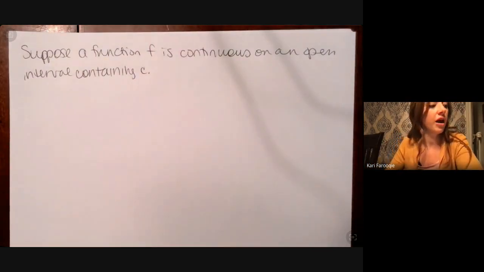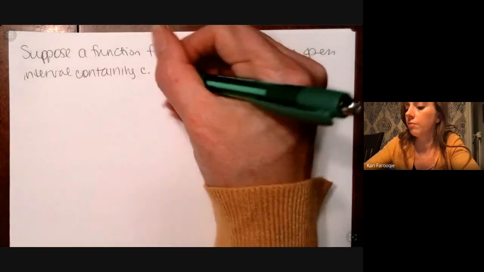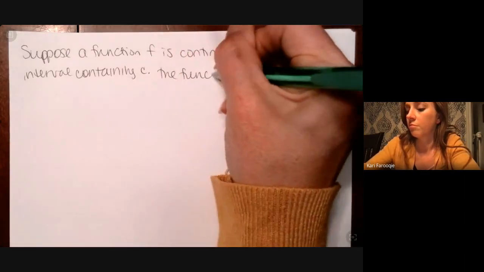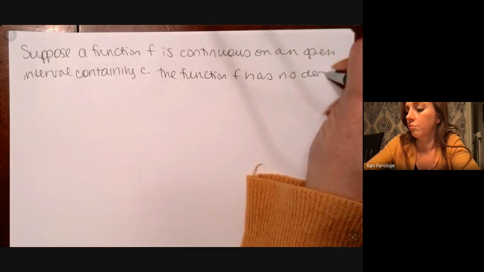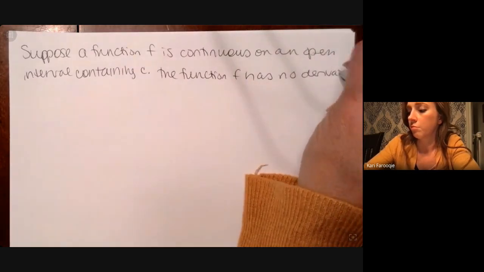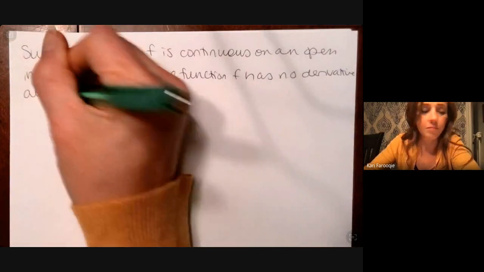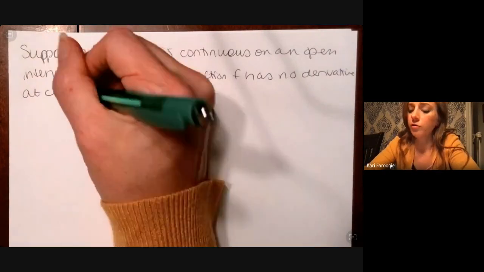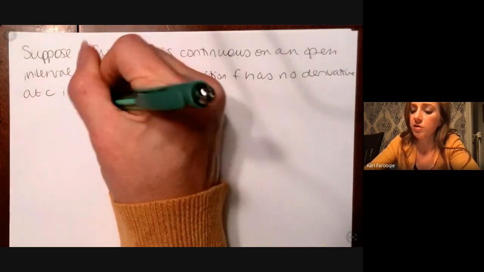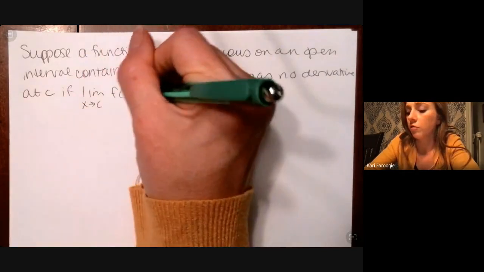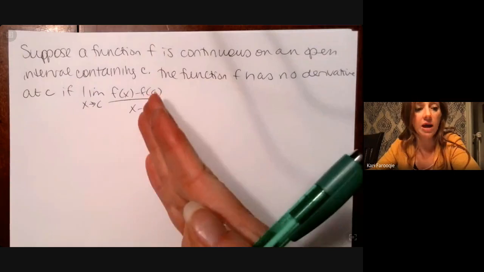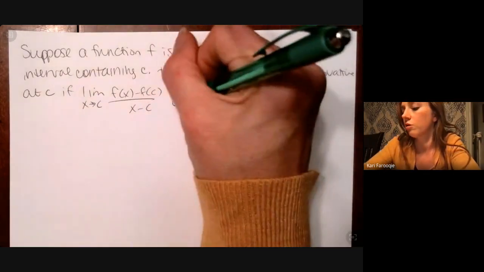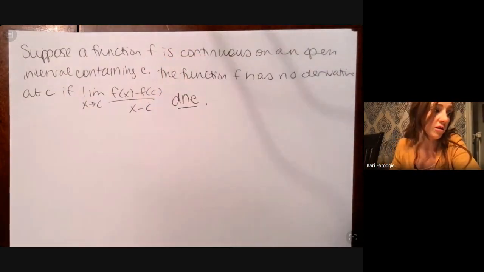The function f has no derivative at c if the limit as x approaches c of f of x minus f of c divided by x minus c, taking you back to this original form of the derivative, does not exist.